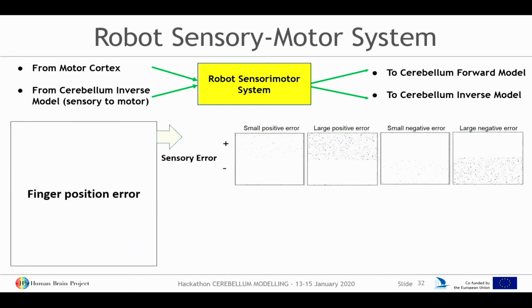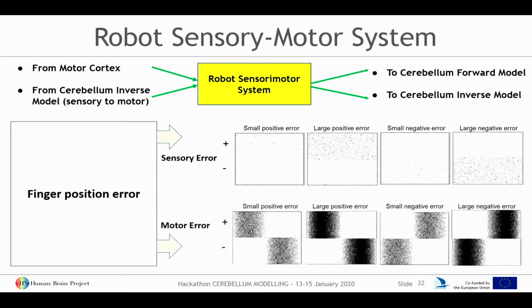And then it has to generate the error to the two parts of the cerebellum. So we have a sensory error, and it can be encoded as a linear error, so according to the sign, to the direction, if we have gone to the right or to the left of the target, a large or a small error activates different fibers.